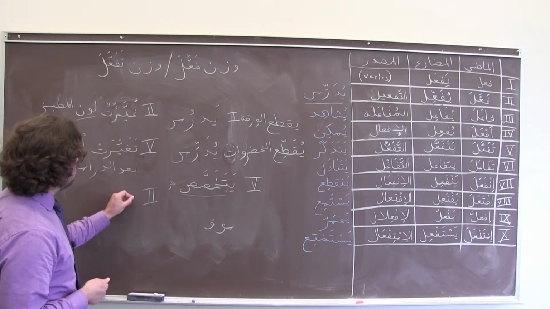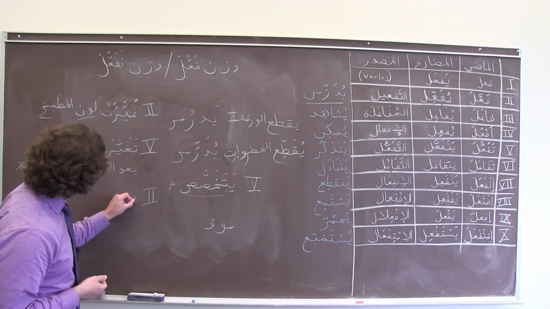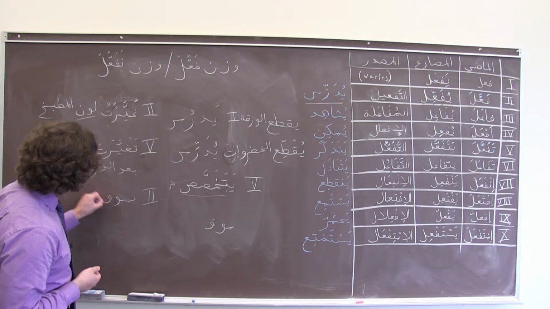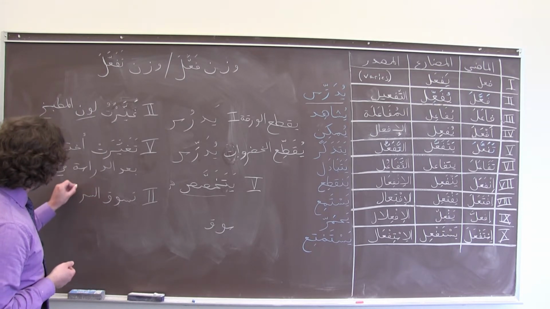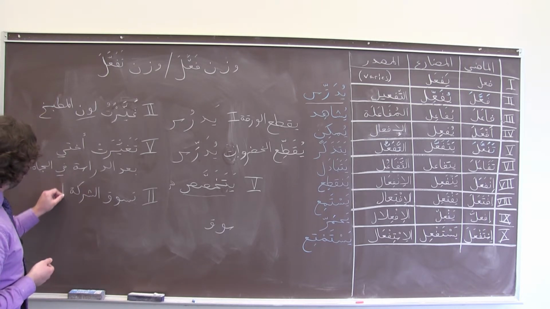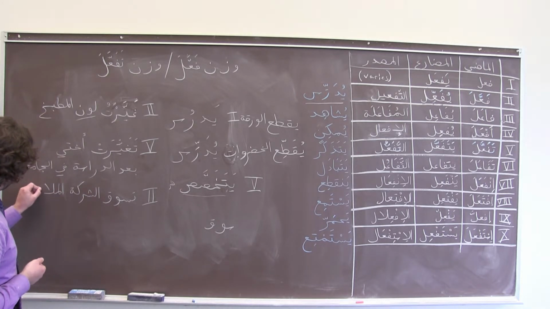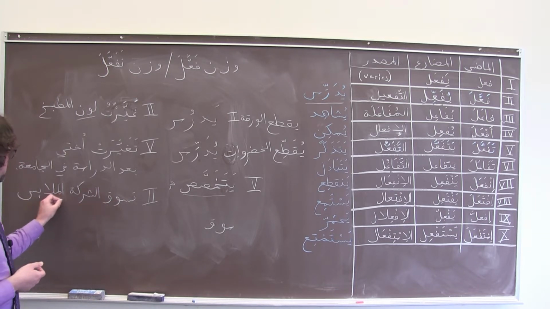So I could say, the company markets clothes. سوقت الشركة الملابس. Here I have an object.